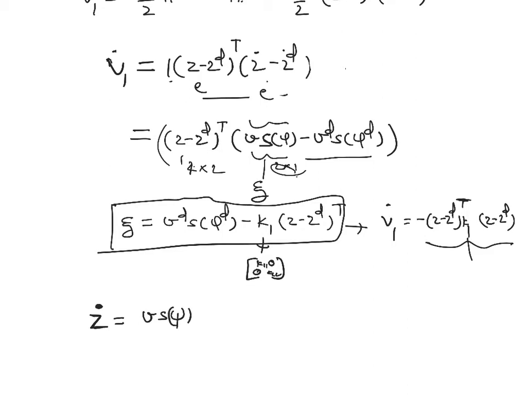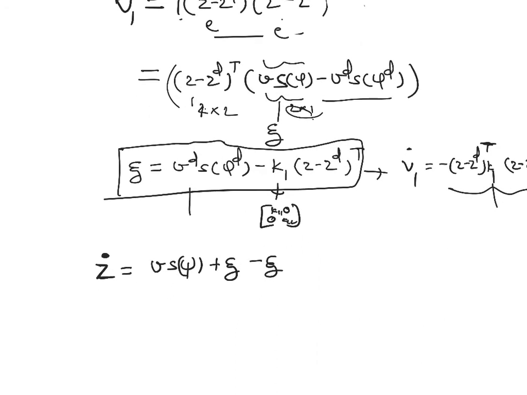So we can plus minus this quantity, plus zeta minus zeta, like adding a 0 to the system. You want this to go to this, so basically the difference between them has to go to 0. That's the idea.